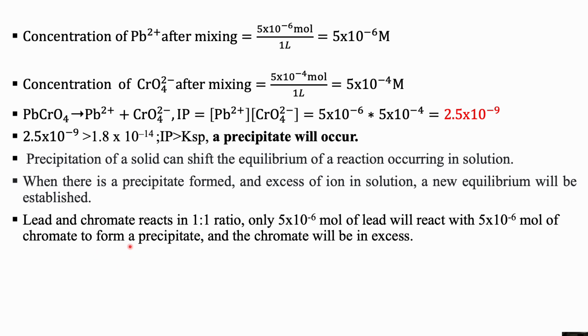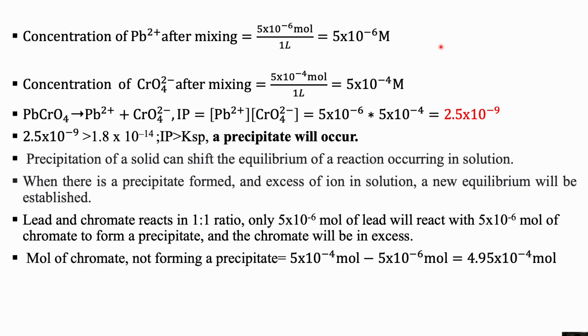That means we have chromate that will be in excess, because the concentration of lead is less compared to the concentration of chromate, and 1 mole of lead reacts with 1 mole of chromate. So we'll be having the excess chromate ion. How much excess we need to calculate by taking this one minus this one to get the excess chromate that will be left in the solution.